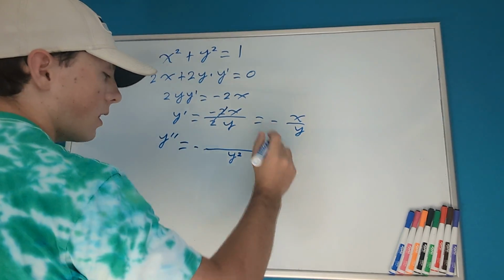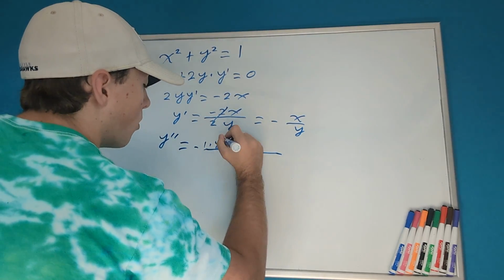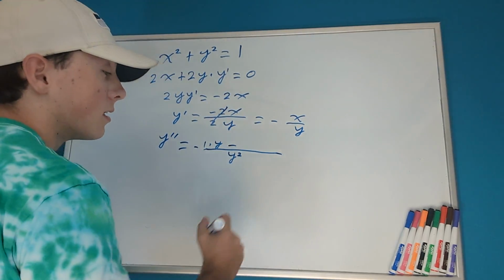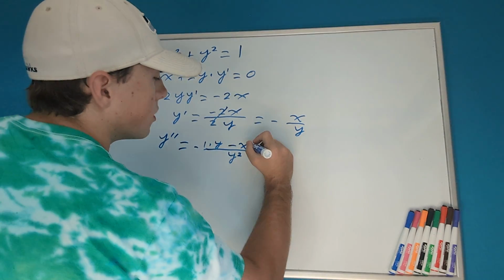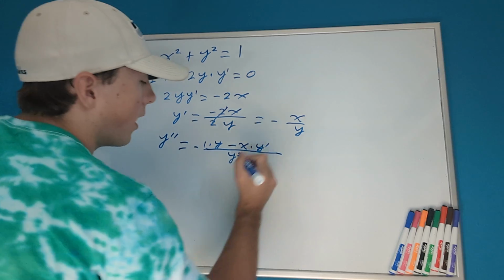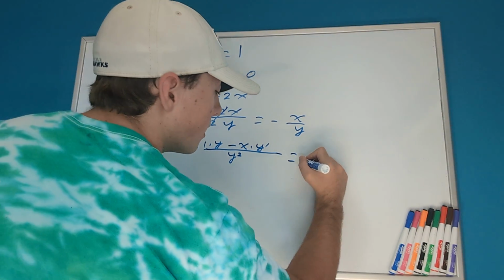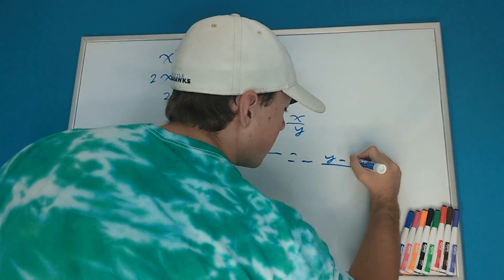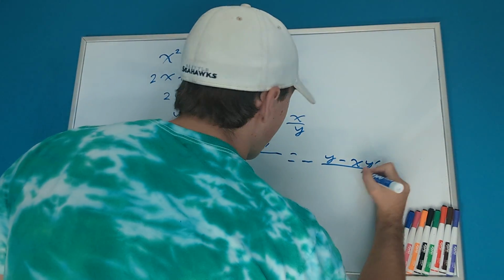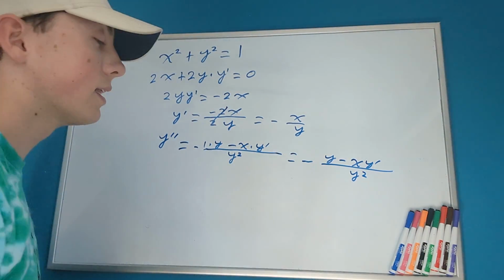Then we get derivative of the numerator, which will be 1 times the denominator, y, minus numerator times derivative of the denominator, which will just be y prime. So what you end up with here is negative y minus x y prime over y squared. Hopefully you can see that.